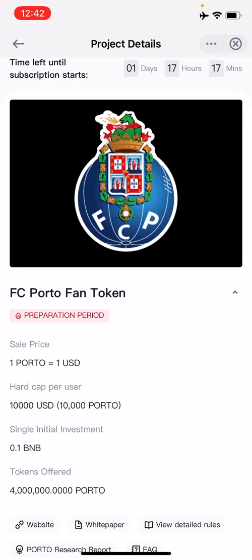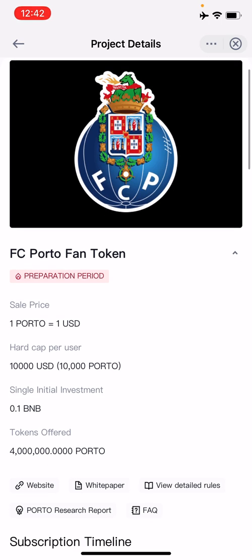So when you get 10 Porto tokens for $10, and then the price increases up to, let's say, $20, now you have $200 from $20. That means you are making about $180 in profit. And if that is not passive income, if that is not profit, then I don't know what the youth is actually looking for.